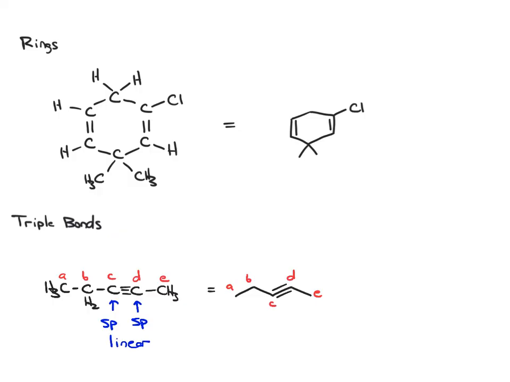So it's actually more common, or more correct, I should say, to draw the triple bond as a linear entity. And sometimes it's actually easier.